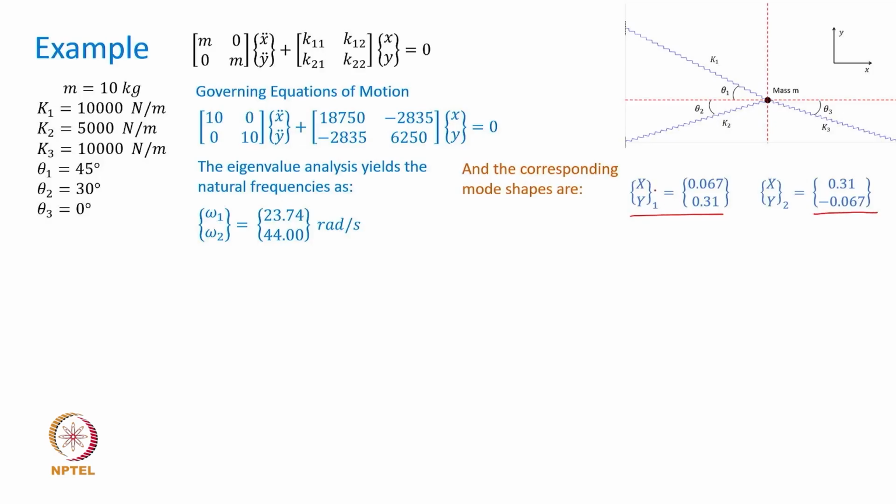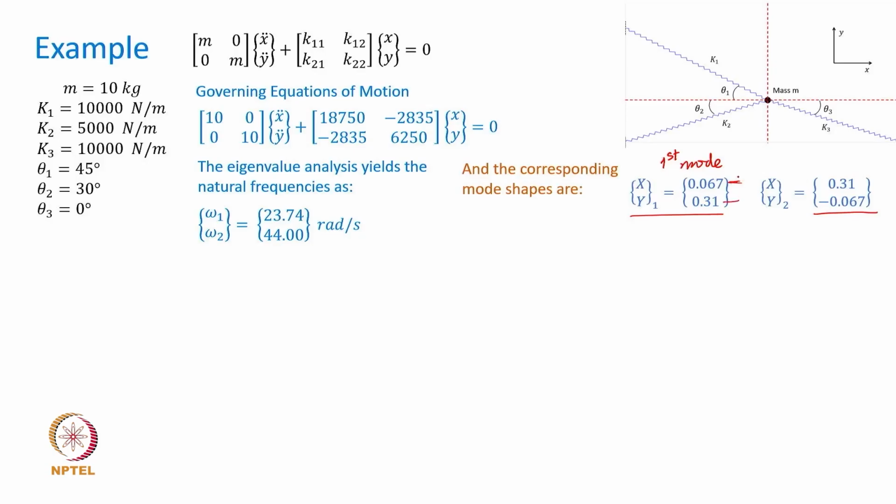Okay, so this corresponds to the first mode eigenvector, which is the first mode shape given by these values, which actually means that if x displaces by 0.067 in the x direction, if it is vibrating in only the first mode, that means when it is executing vibration at its first fundamental natural frequency of 23.74, x and y will maintain their displacement relationship in this ratio.